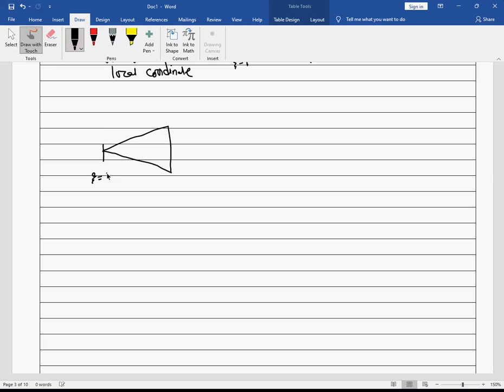This is zeta equal to 1, this is zeta equal to 0, and let us say I can call these node 1, node 2 and node 3.